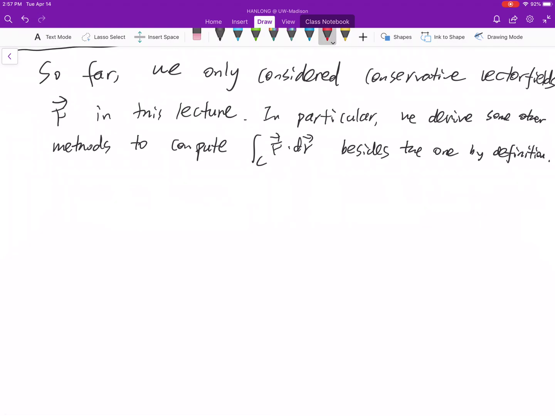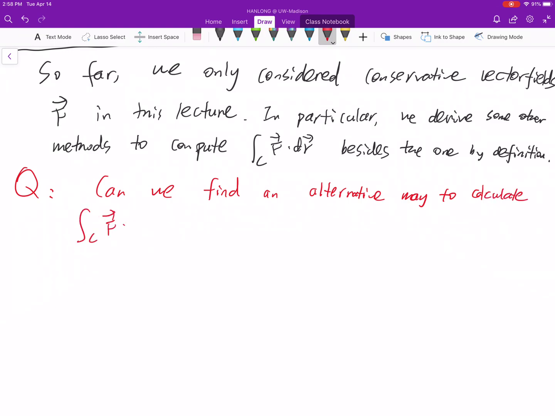Now we would like to ask a similar question. Can we find an alternative way to calculate the line integral of the second kind when F is not conservative? It's a natural question.